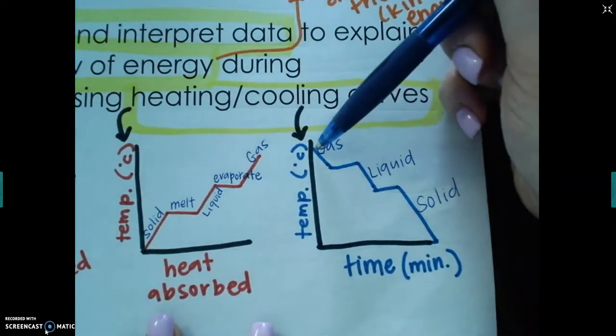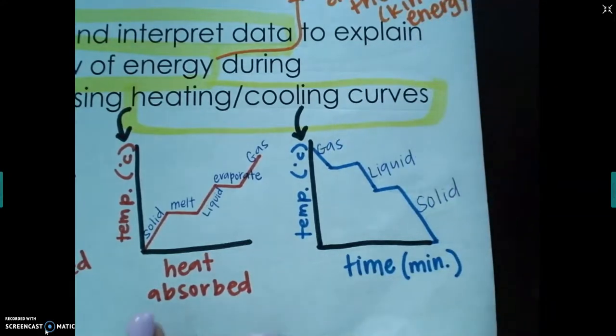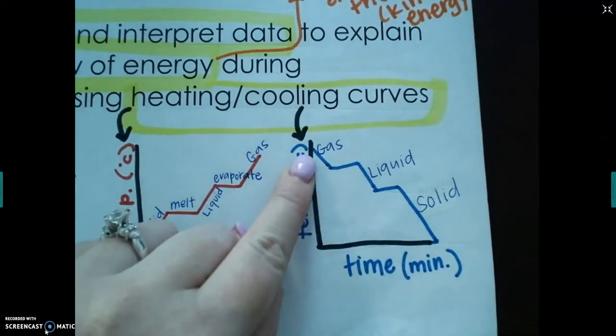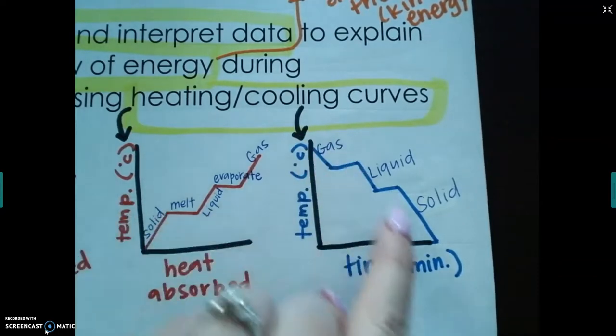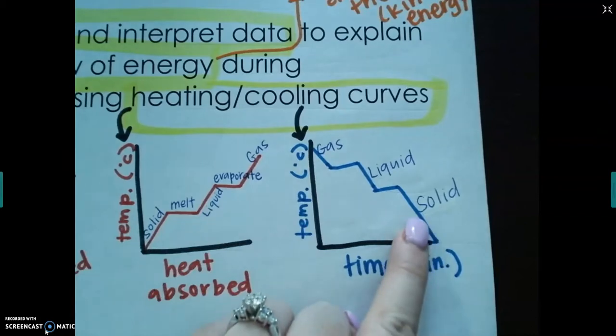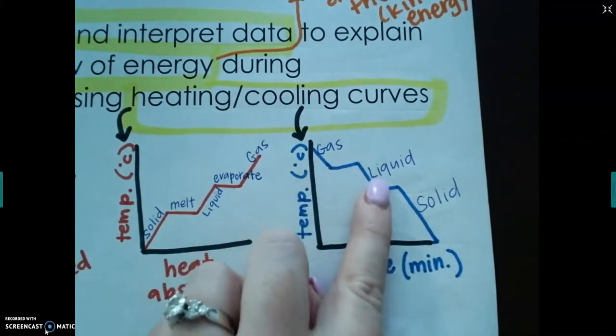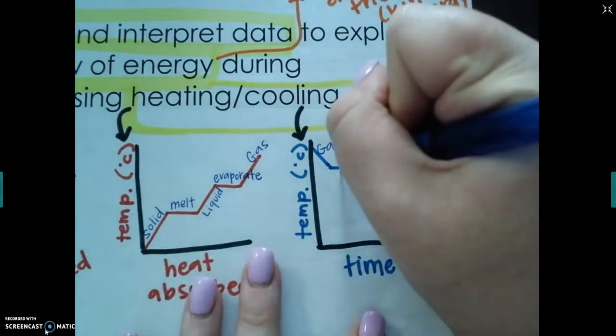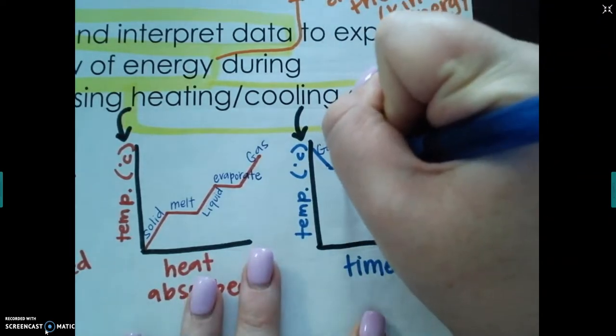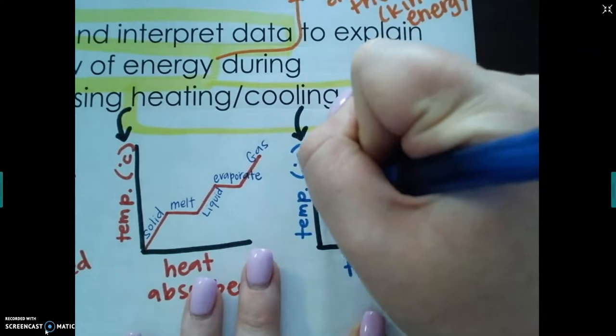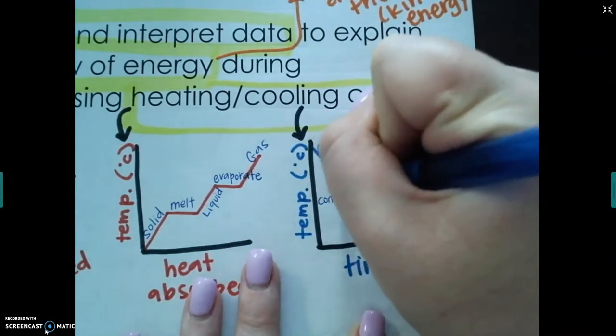As a cooling curve cools down, the molecular motion is slowing. I'm going to see that it moves from my fastest, the gas state, all the way down to the slowest moving, the solid state. So as the gas changes to a liquid and it's beginning to slow down, I'm going to draw a little arrow here. And we know this is going to be called condensation.